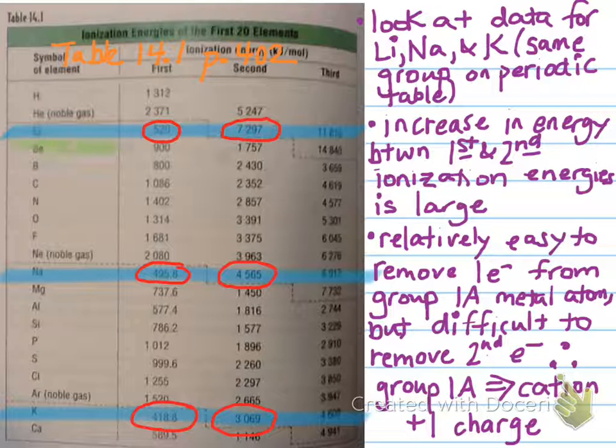Notice that when you're talking about beryllium, magnesium, and calcium, those are in group 2A. And notice that that big jump for them occurs between our second and third electron removal. When they lose 2 electrons, they get the electron configuration of a noble gas.